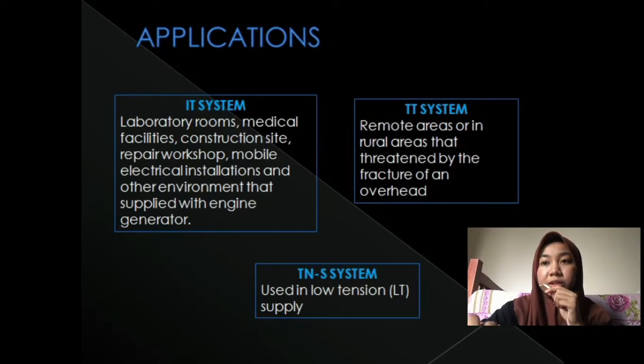Neutral and earth conductor run separately on the overhead distribution line. Separate conductors for overhead lines and the M-ring of cable are used for earth connection. Additional earth electrodes or pins are installed at each user to provide a redundant path to earth.